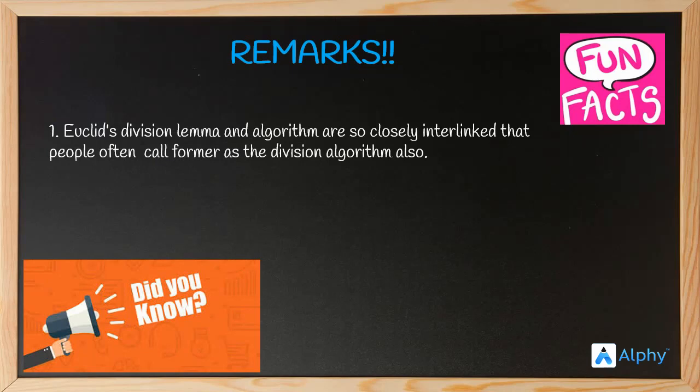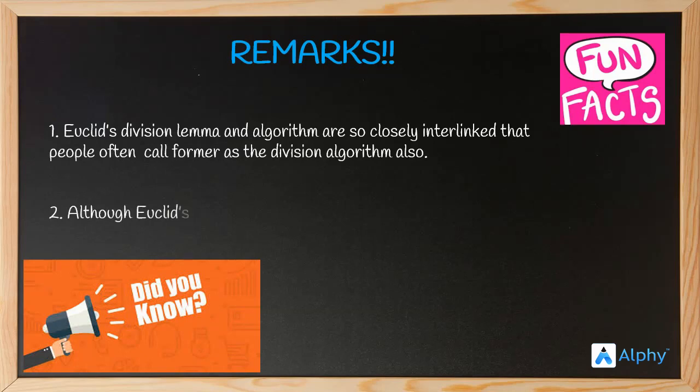So if a question mentions lemma or if a question mentions algorithm, I hope that you don't get confused and don't start thinking what is a lemma or what is an algorithm. The basic thing is that we're trying to follow proper steps, and that is what you need to do. So don't worry about it that much.